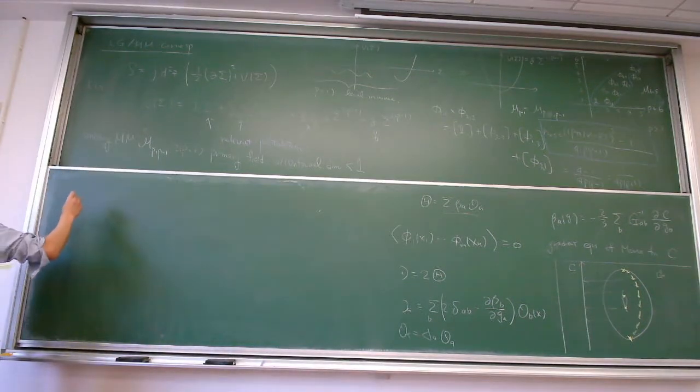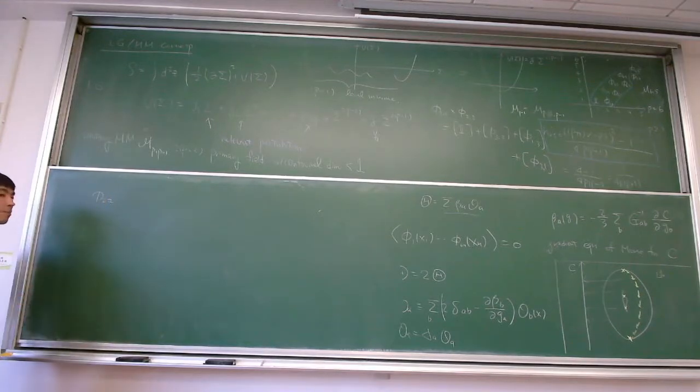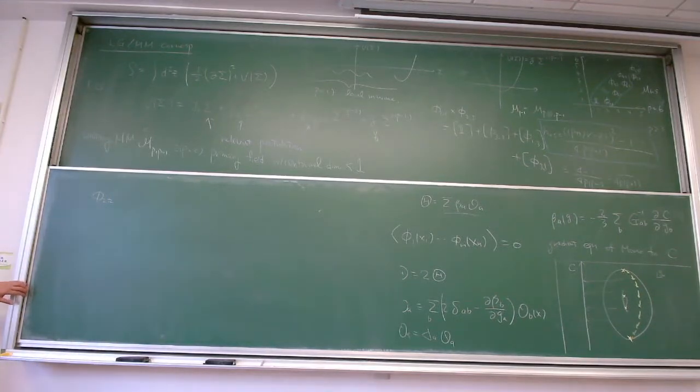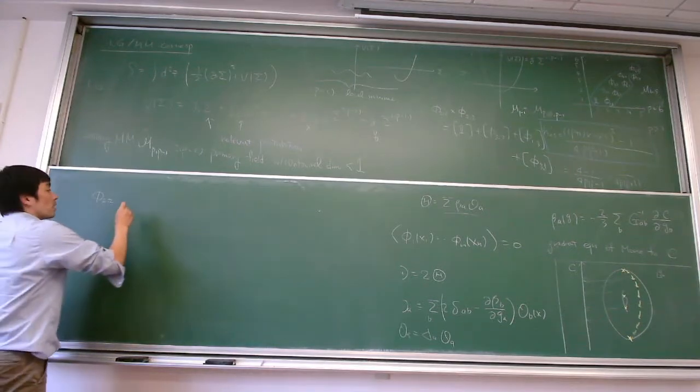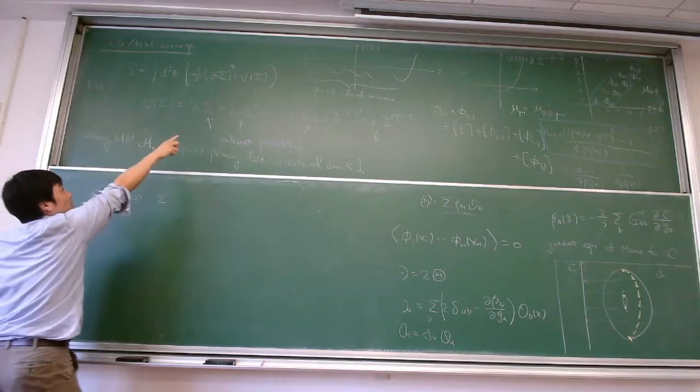First of all, the lowest conformal dimension, apart from the identity, is phi 2, 2. So this should be identified with the sigma operator in the first one.